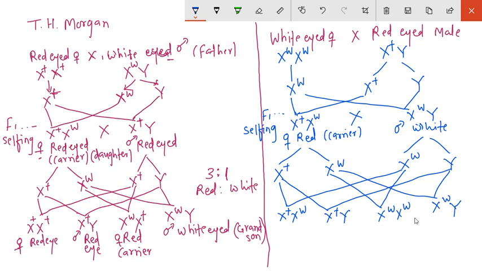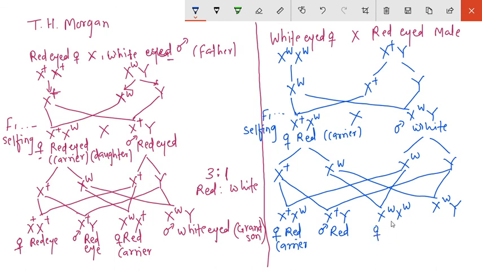So here the female is red-eyed but a carrier, which means she is able to carry this white eye color to the next generation.